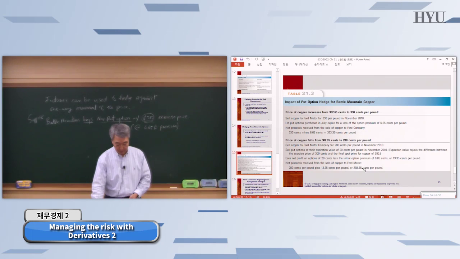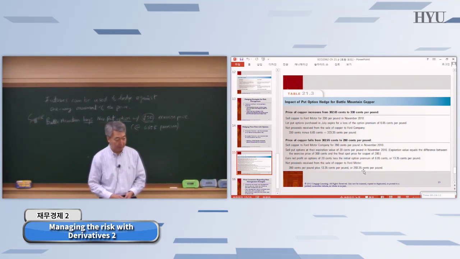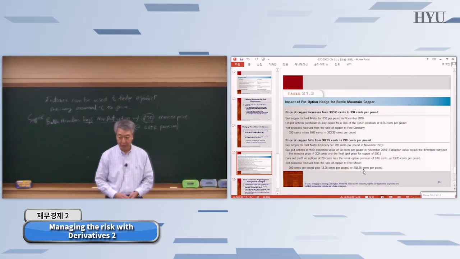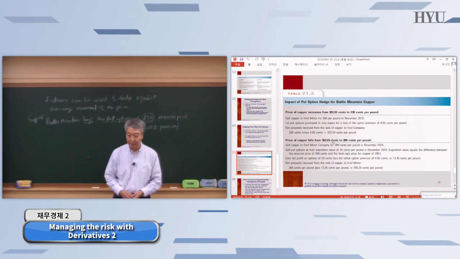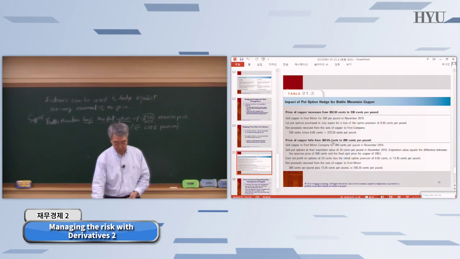Well, in the second case, you ended up receiving only 293.35 cents. Is that a protection? Partial protection, because? Well, you paid a premium, but more than that, the story is that right now you expected the price to be 302.65 cents, and of course you're not getting that much.